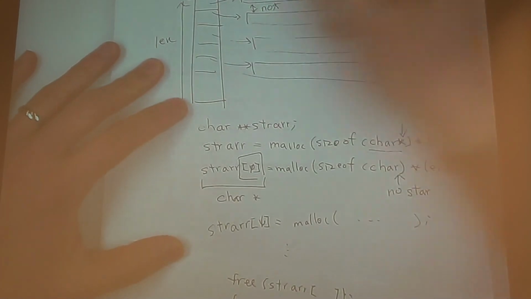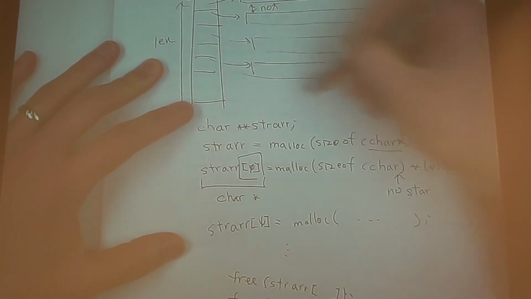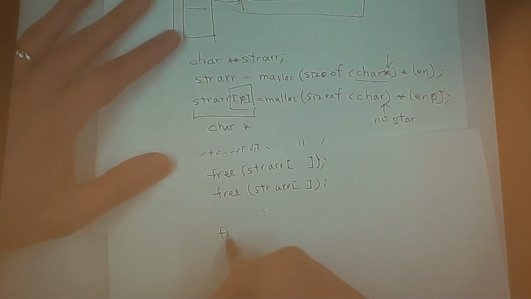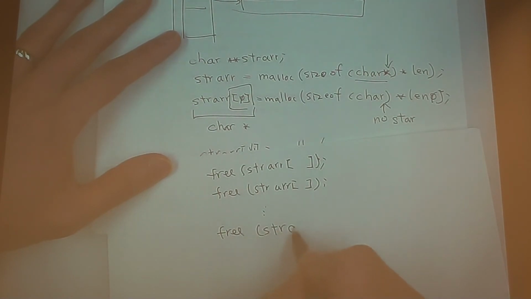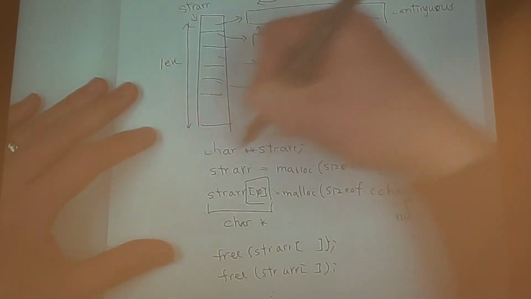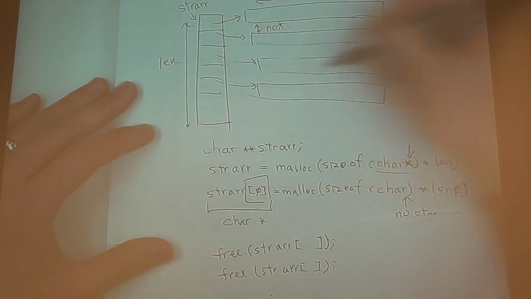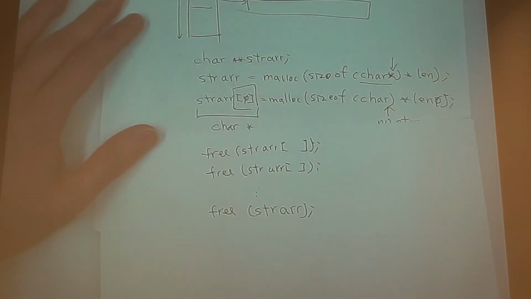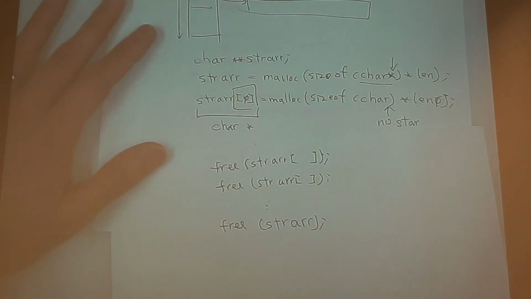After you release everything here, then you say free str arr, so you release this memory. What you allocate first, you release later. What you allocate later, you release first. Follow that rule, you'll be fine.